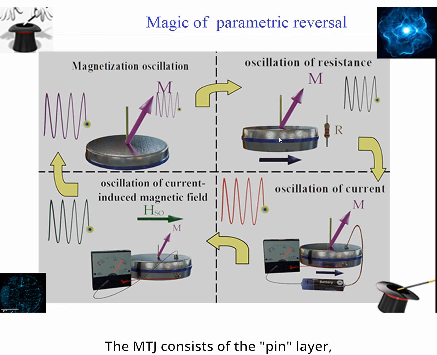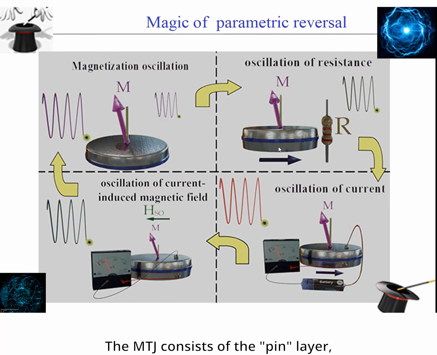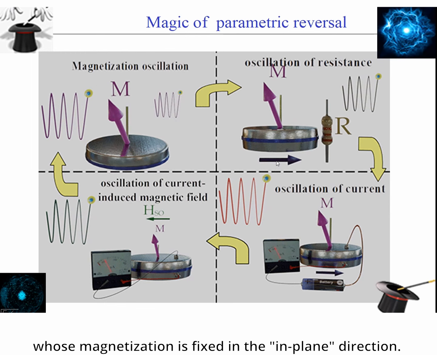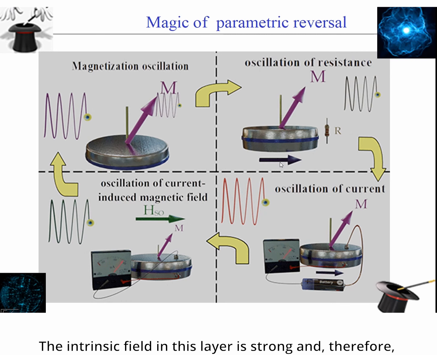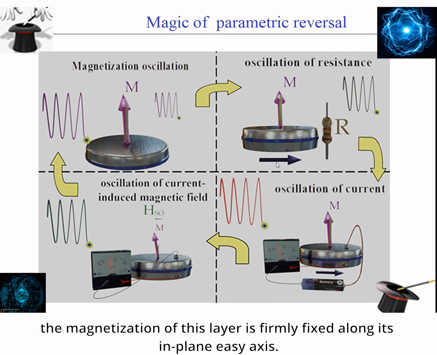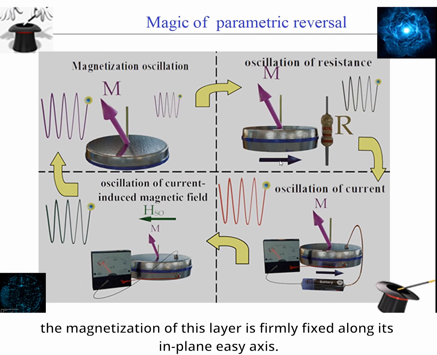The MTJ consists of the pin layer, this low one, whose magnetization is fixed in the in-plane direction, shown as blue arrow. The intrinsic field in this layer is strong, and therefore the magnetization of this layer is firmly fixed along its in-plane easy axis.